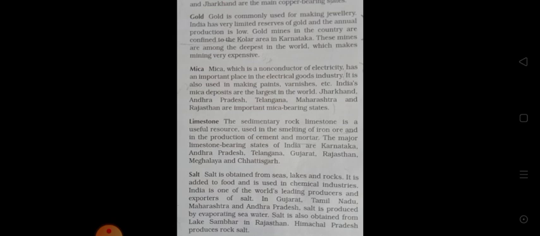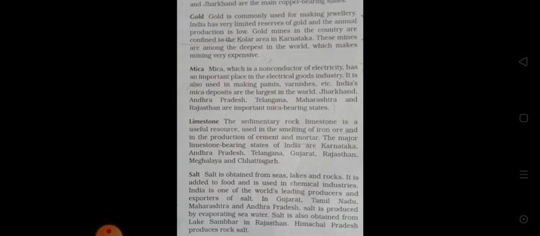Salt is obtained from seas, and we add this mineral to our food to improve its taste. Gujarat, Tamil Nadu, Maharashtra and Andhra Pradesh produce large quantities of salt, which is produced by evaporating seawater.